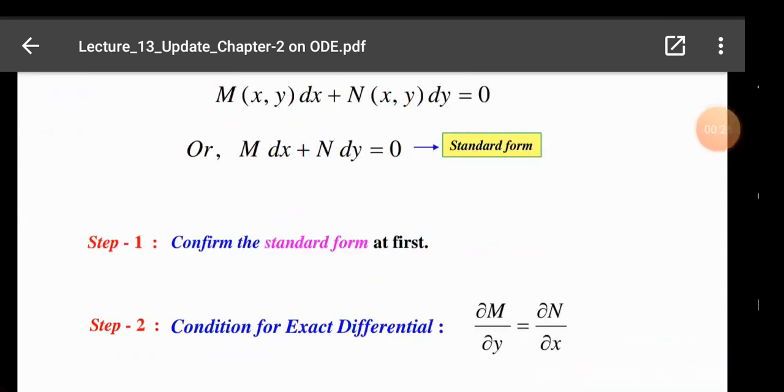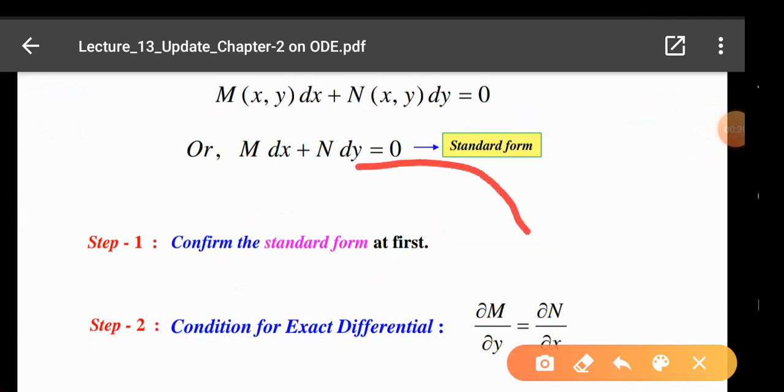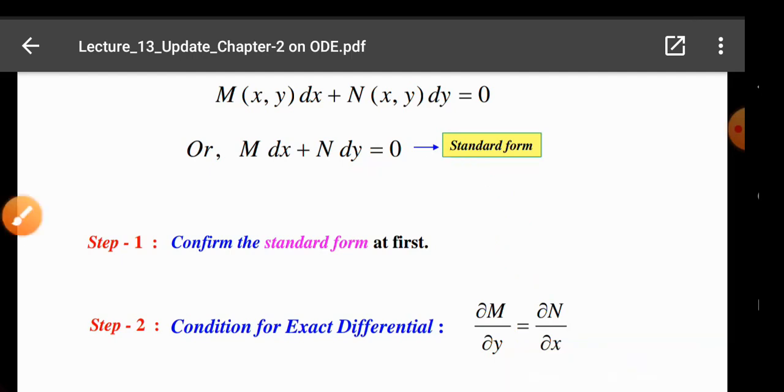And this differential equation will be exact if it follows this property, that is ∂M/∂y = ∂N/∂x. That means the first partial derivatives are the same. So that differential equation will be called an exact differential equation.